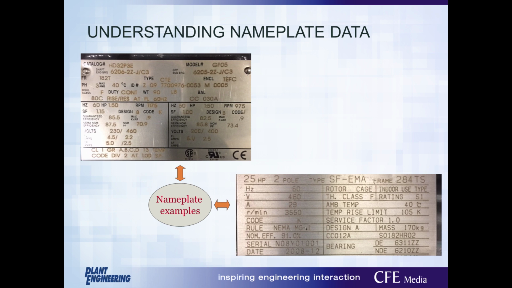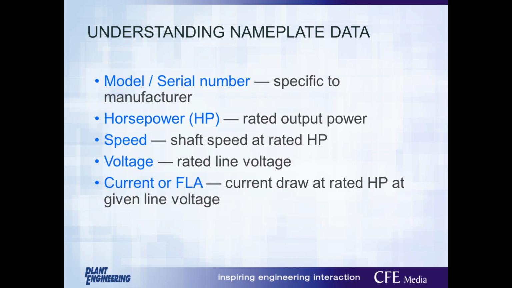Next, we'll see a few examples of motor nameplates. I'm not going to spend much time on this, but just to give you an idea of what you may be looking for, some of the more common nameplate specifications will be listed on the following two slides. So here we have very important parameters on the nameplate that are involved in sizing the motor for your application and matching to your incoming power requirements.